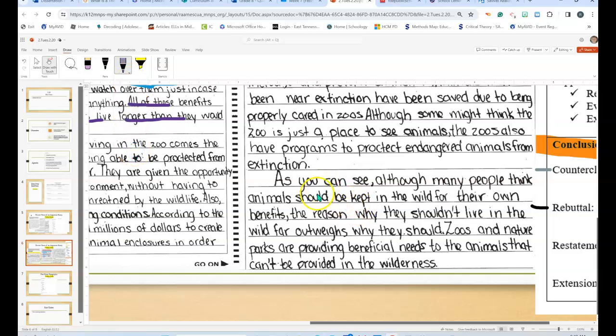So I gotta go quick here. There's the counterclaim, and then black. The reason why they shouldn't far outweighs why they should. Zoos and nature parks are providing beneficial needs to the animals that can't be provided in the wilderness. Again, they're finishing it off. So that's the conclusion paragraph. So this whole thing right here is your conclusion paragraph.